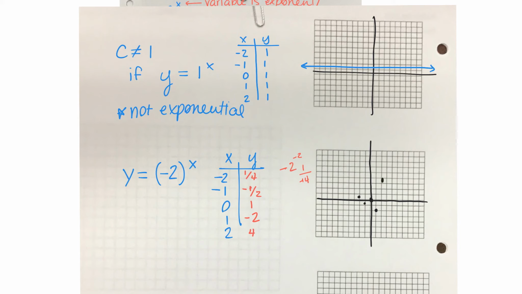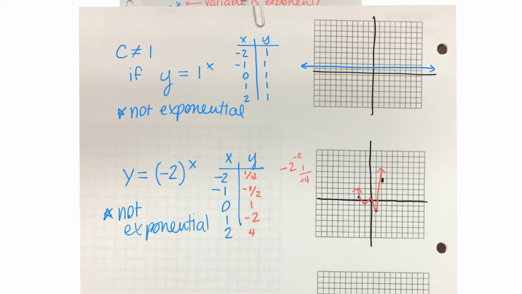Okay, so is this exponential? This doesn't look exponential to me. Okay, again, this is not exponential. All right, so this is why exponential functions don't include negative constants, nor do they include 1.